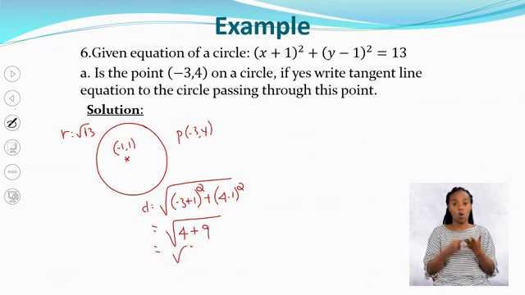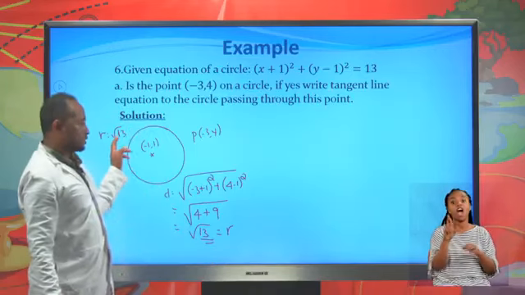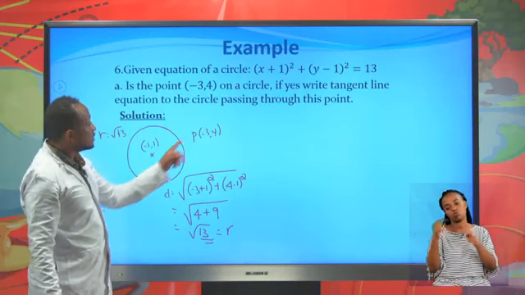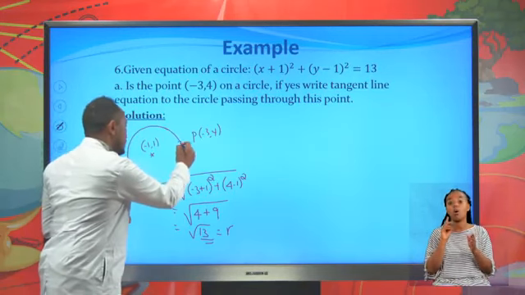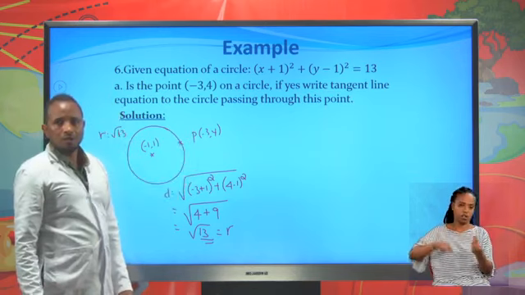So this distance is the square root of 13, which is the same as the radius. So this point is on the circle.